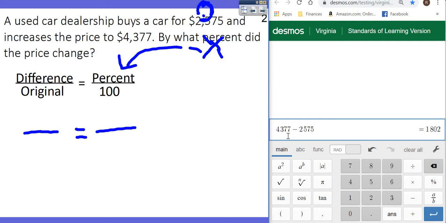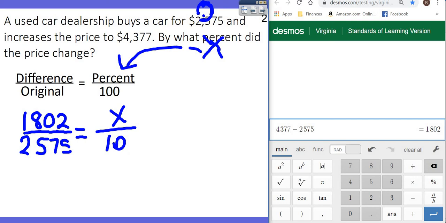I took the price they're going to sell it for, which is the bigger price, minus what they bought it for, and I got a difference of 1,802. The original price, what they originally bought that car for, was $2,575. They want to know how much of a percent the price changed by, and percent is always over 100.